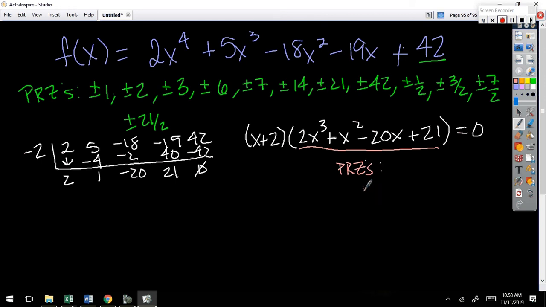So factors of 21: 1, 3, 7, 21. Now divide them all by what? 2. Now understand we're not just dividing by 2 because that's 2, that's just the factor. If that had 3 factors, we'd divide by all 3 of those, right?